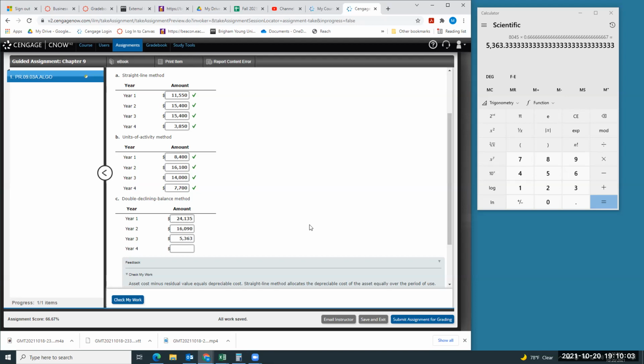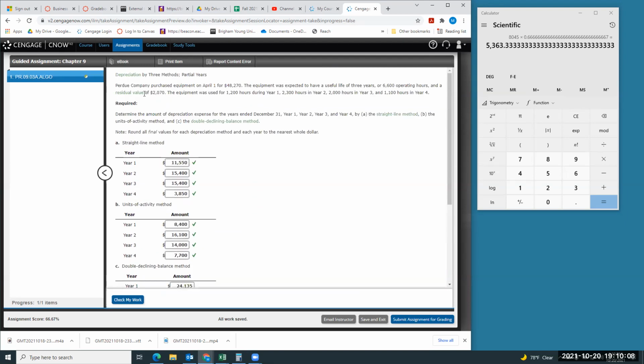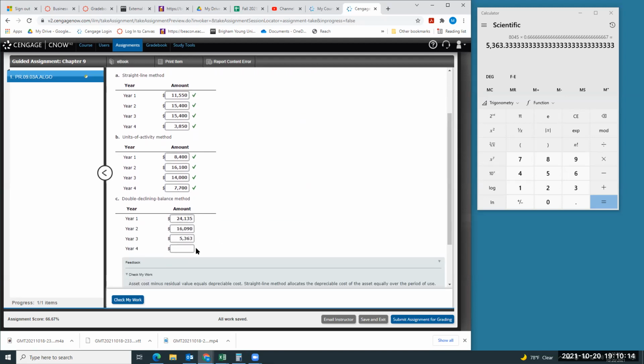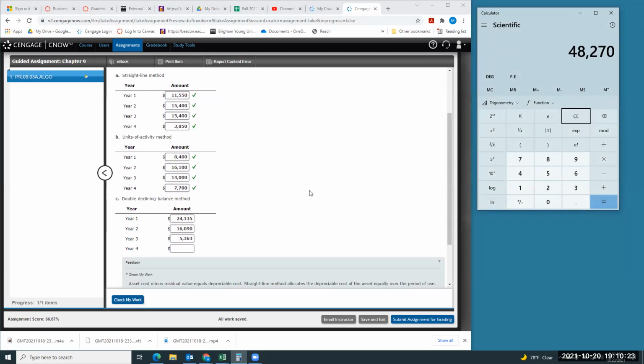Really, all we want to do is make sure that our book value at the end of this depreciation process equals our residual value. So we just are going to depreciate enough to leave us with $2,070. So I'm going to take my cost, $48,270, minus any depreciation we've accumulated to this point. So minus $24,135 from the first year, minus $16,090 from the second year, minus $5,363 from the third year.